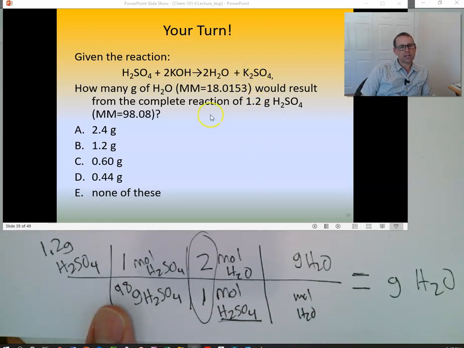Yeah, we do, because that gave us the molar ratio of 2 moles of water to 1 mole of H2SO4, right? 1 in front of the H2SO4 and 2 in front of the water. Gotcha. Okay. Good. Now, where do I get this grams of water per mole of water?